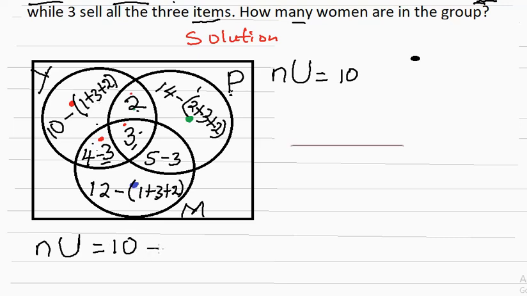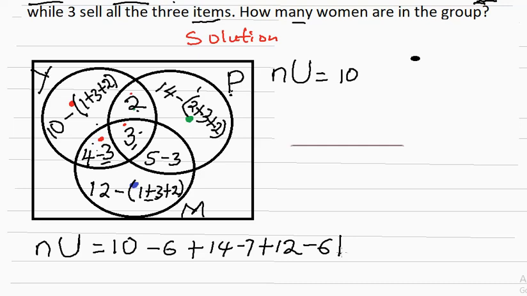10 minus 6. Let me add all the onlys first. This is going to be 14 minus, of course, 2 plus 3 is 5, 5 plus 2 is 7, 14 minus 7. Then plus, I'll do the same to this. This is going to be 12 minus 6 also.